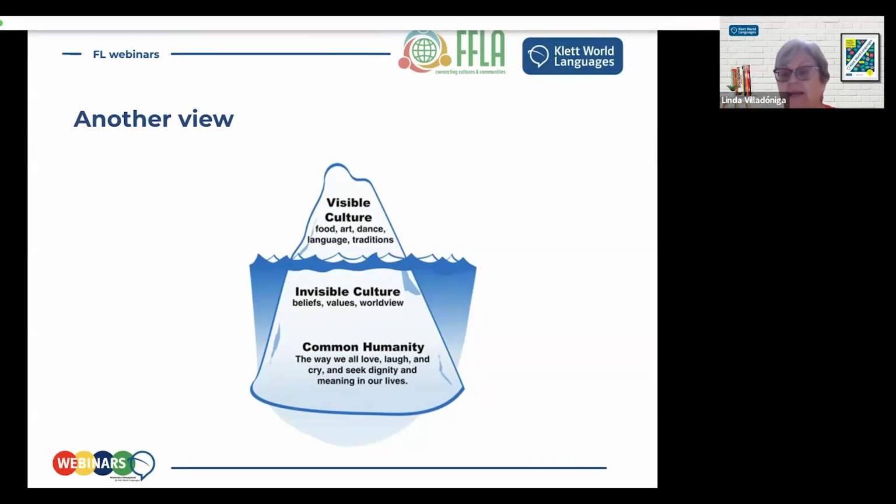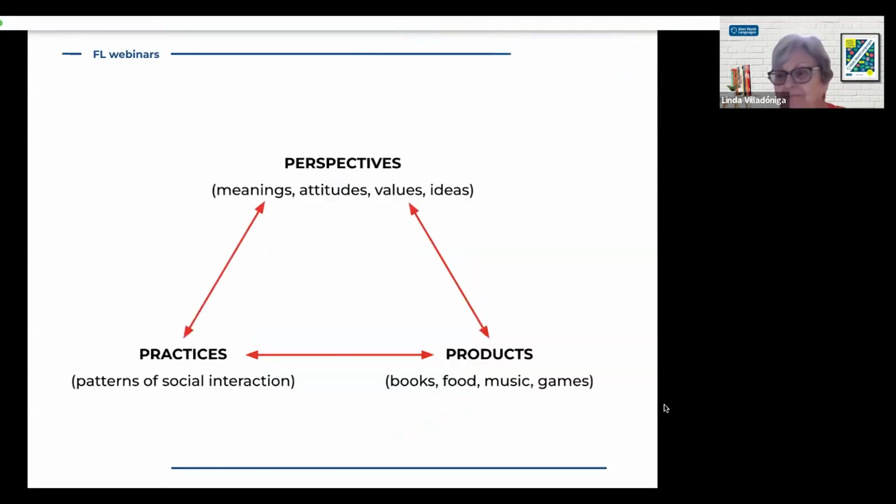And then the common humanity, the way we love and laugh and cry and seek dignity and meaning in our lives. Those are things that we feel or we think, but we don't hear or taste in any way. So that's maybe one way to approach teaching the 3 Ps in your classroom. That might be one of the best ways. Next slide, please.